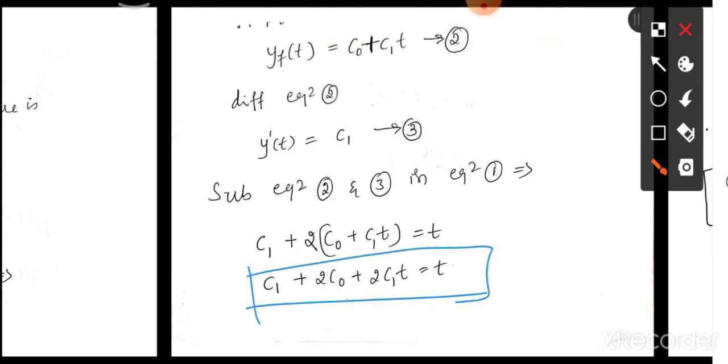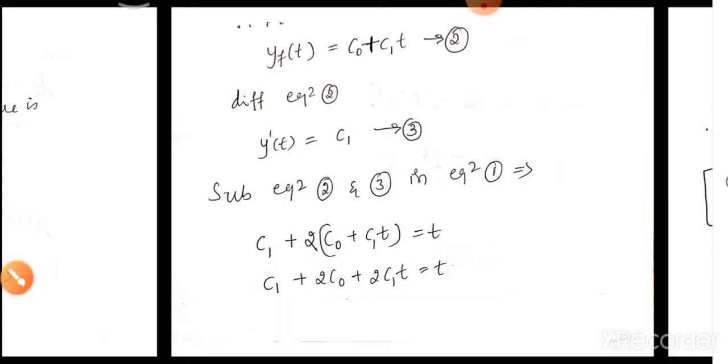Once you get this equation, c1 plus 2 c naught is the constant, and 2 c1 is the coefficient of t. Here this is your left hand side, and this is the right hand side.